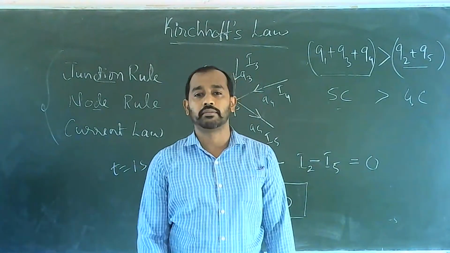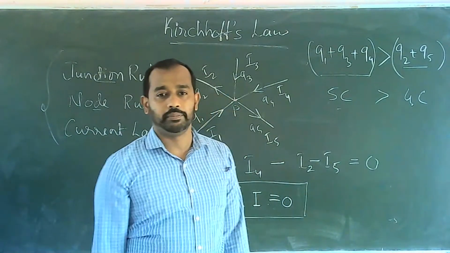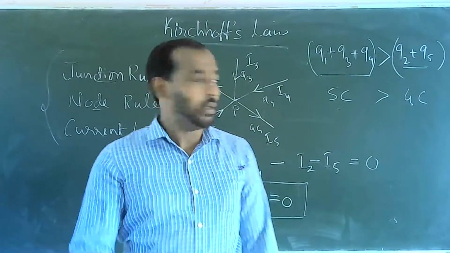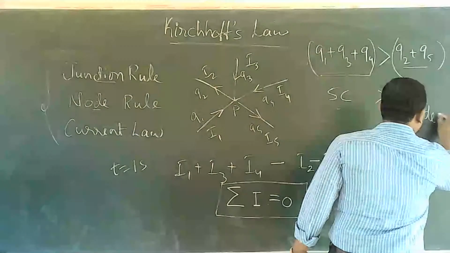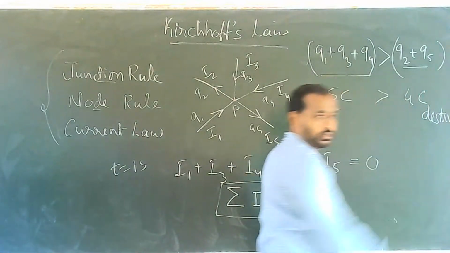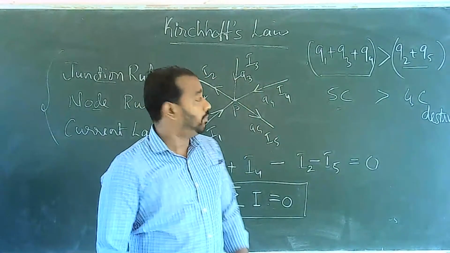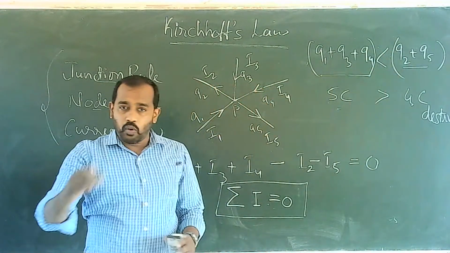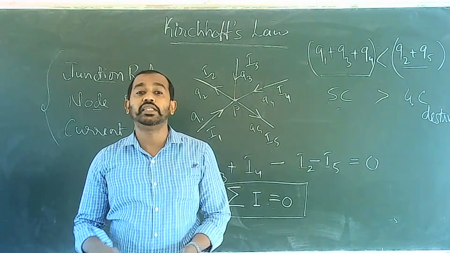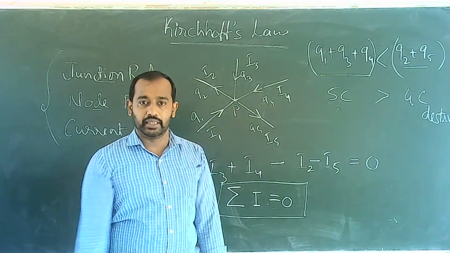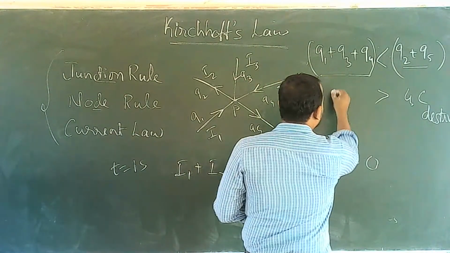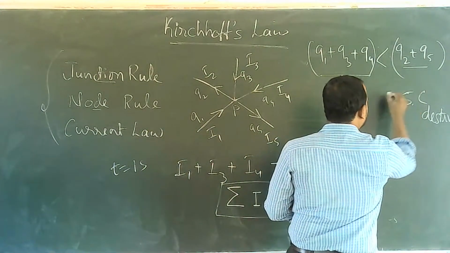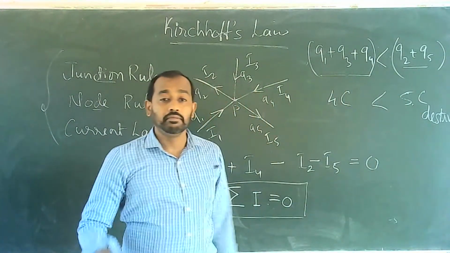That means 1 coulomb of charge is destroyed. Remember, here there is a destruction of the charges. Similarly, on the other hand, if you assume that the amount of charges leaving the junction is greater than those entering the junction, that means we can say that 4 coulombs of charges enter the junction, 5 coulombs of charges leave the junction.